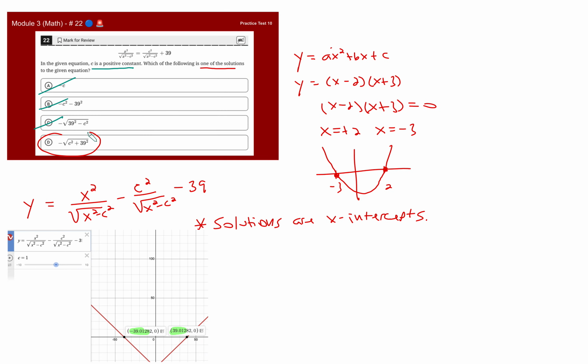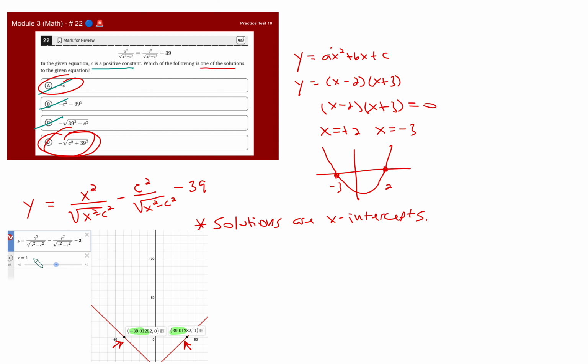So remember that these values right here represent the solutions. Meaning that when you plug in, if you actually knew what c was, it should give you this value or this value.